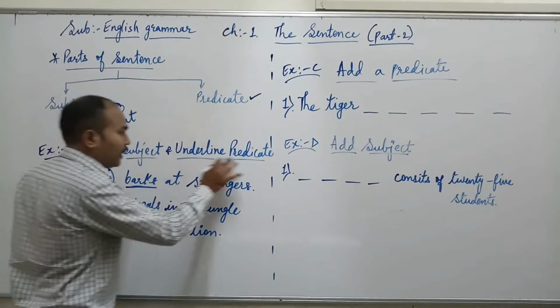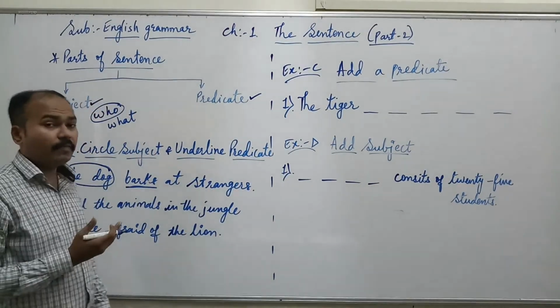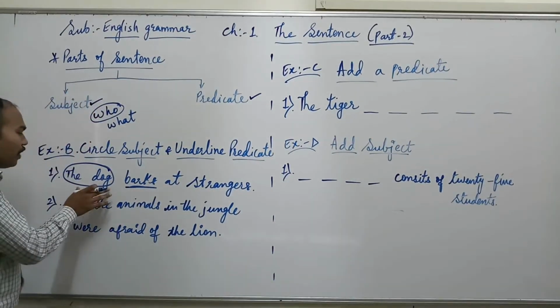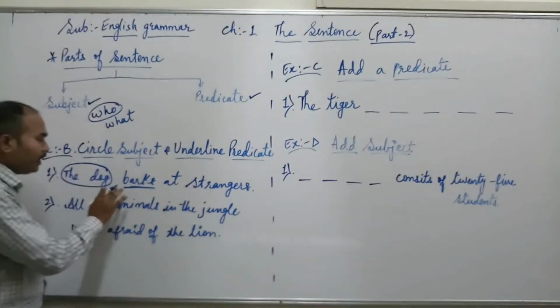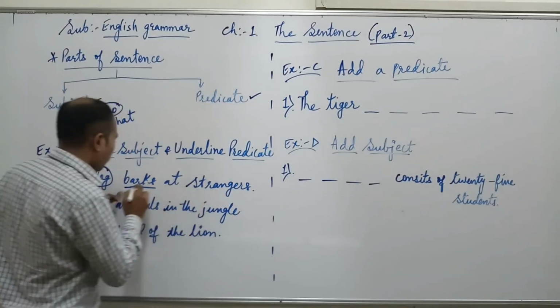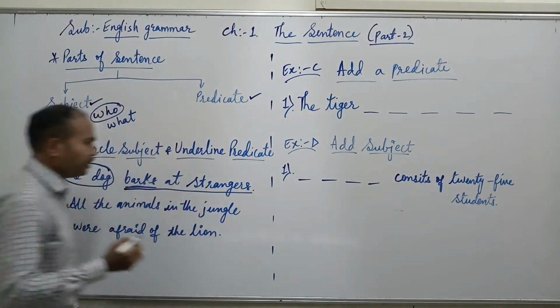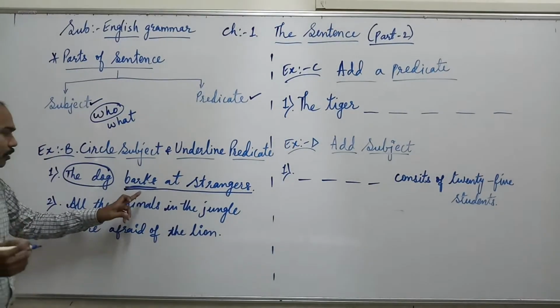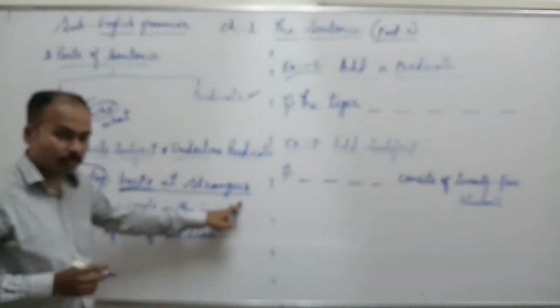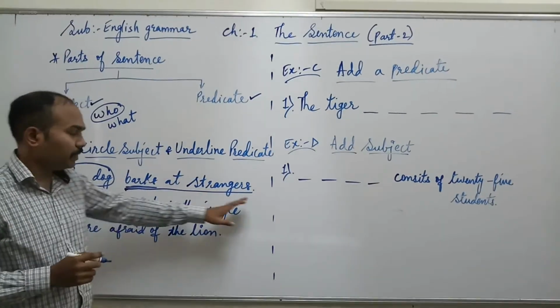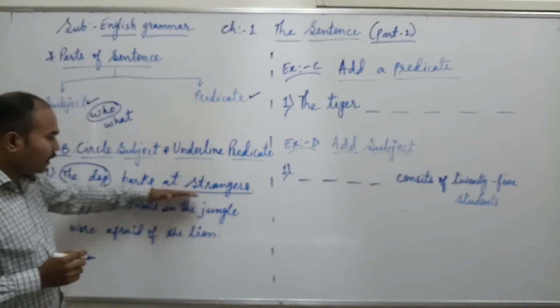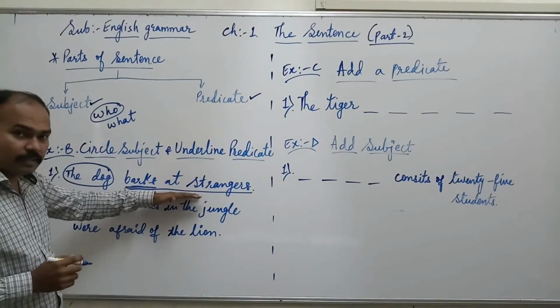Now you have to underline the predicate. Now how to identify the predicate? When you identify the subject, the remaining words are considered as the predicate. This is your predicate: barks at strangers. These are the remaining words, and they tell us what the subject does.